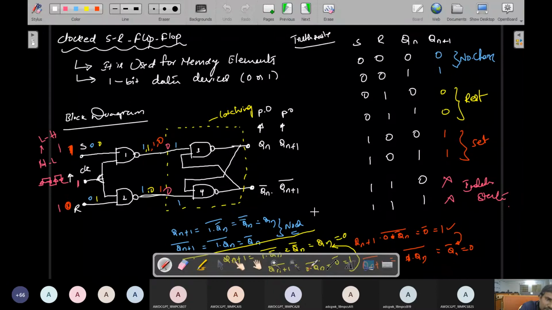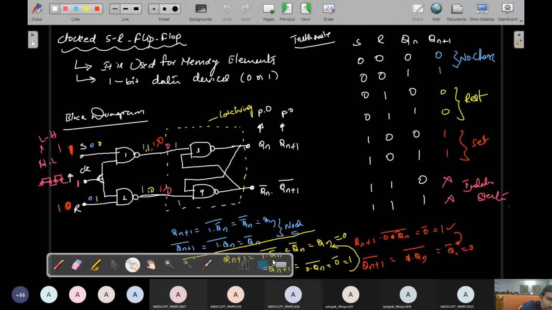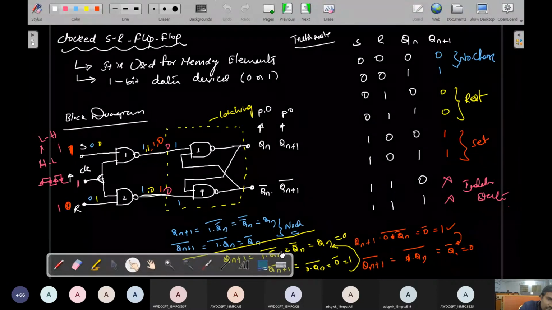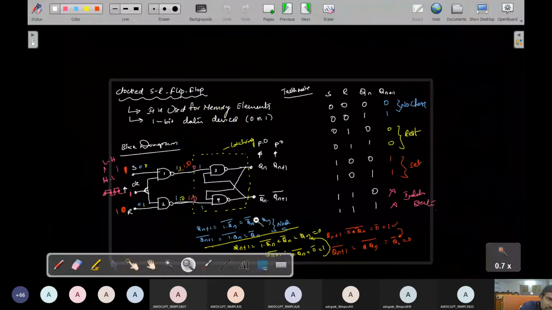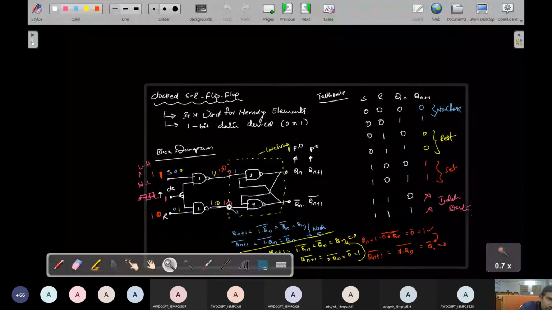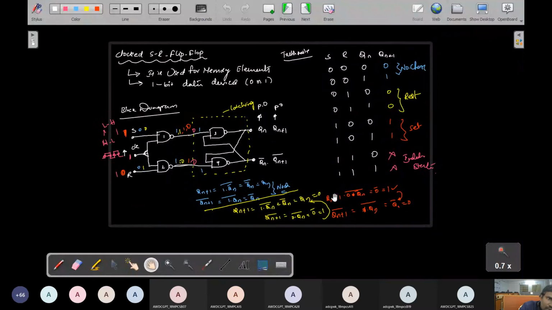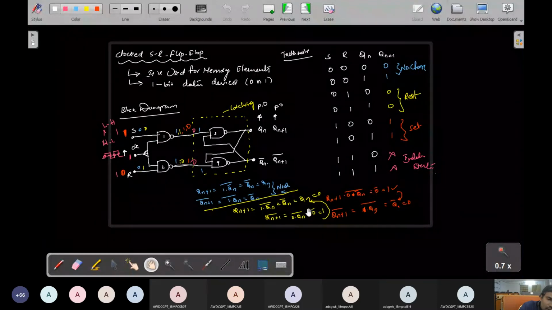Why was the state not explained? See here, I'll write the condition. The general port and their complementary port both show the same values. Both are almost equal.